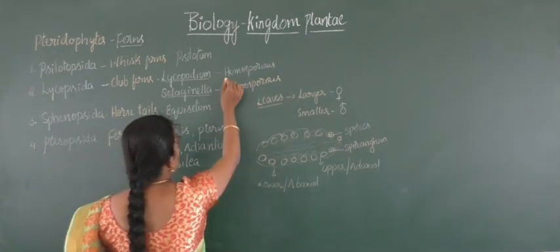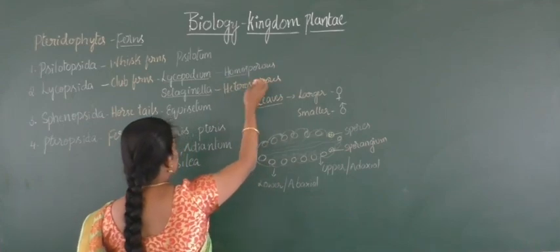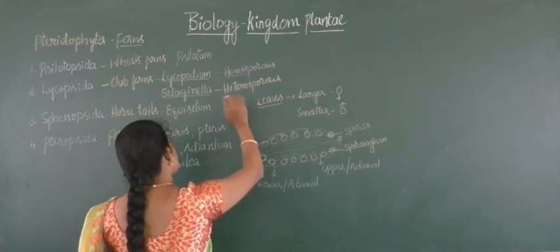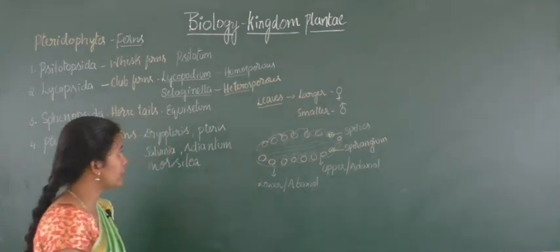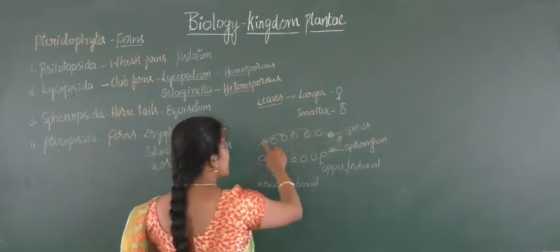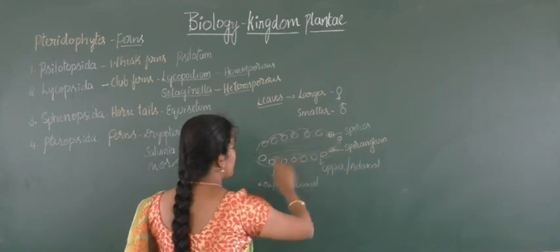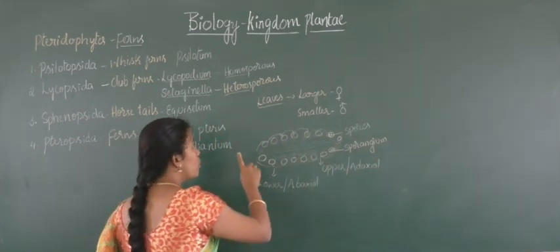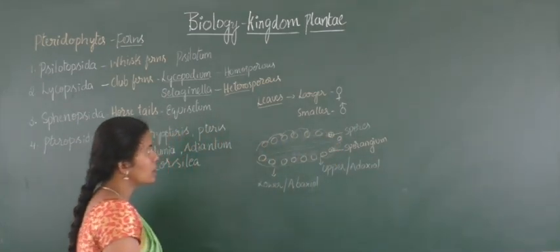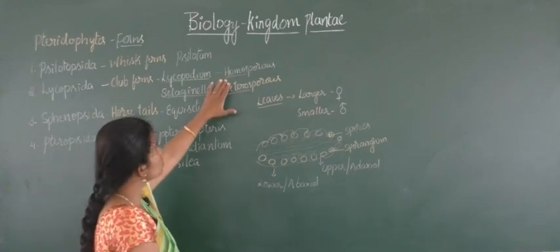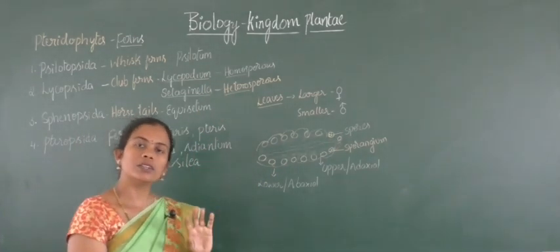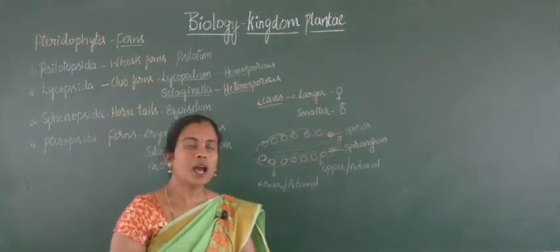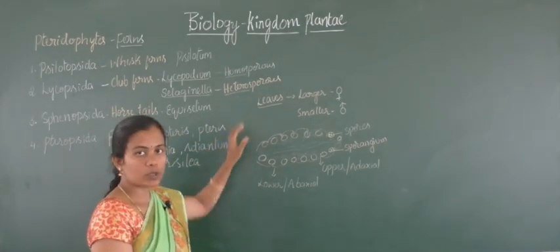Homo refers to similar, and hetero refers to different. When both male and female structures are present on the same leaf, it is homosporous, and when they are on different leaves, it is heterosporous.